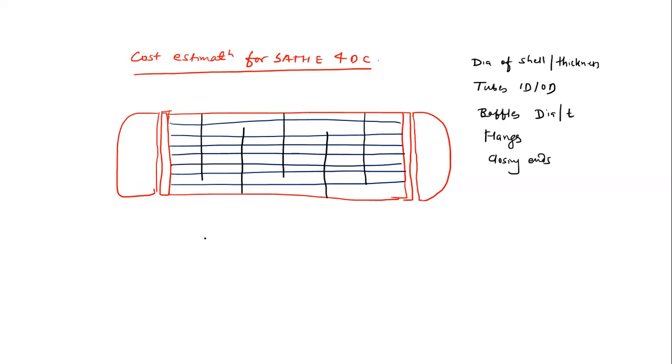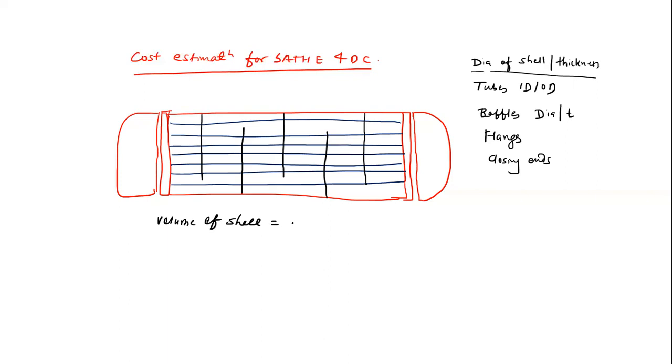So when you want to talk about a cylinder, how do you find out a cylinder cost? A shell diameter. So first we find out the volume of the shell. Now this is a hollow cylinder.